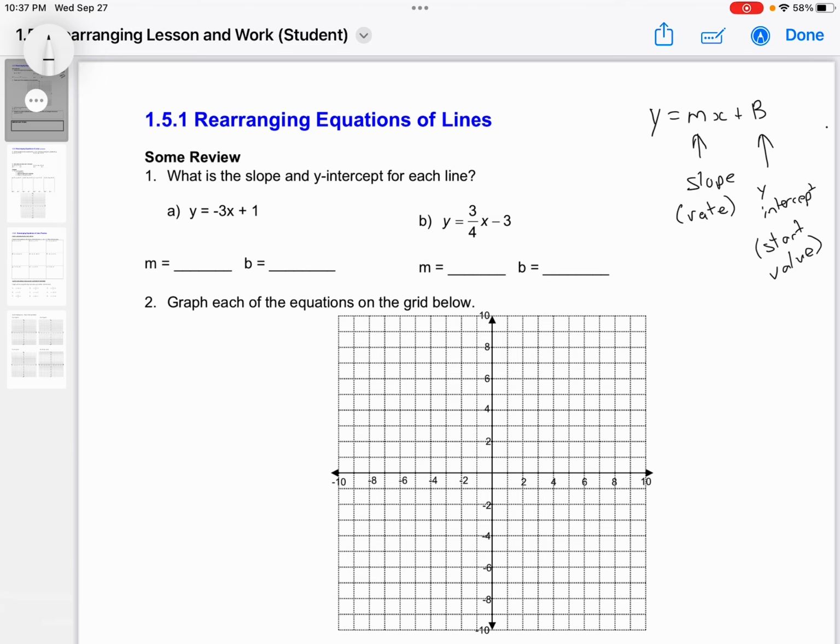Okay, so that's the piece of information you're supposed to have been picking up along the way, is that from these equations, if you know how to get the information, you can get the information pretty quickly. This first one's y equals negative 3x plus 1, so the slope is negative 3. And I'm starting to use that m letter more for slope.